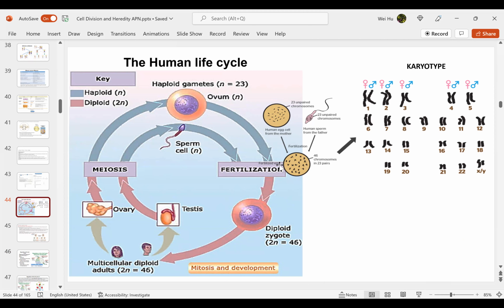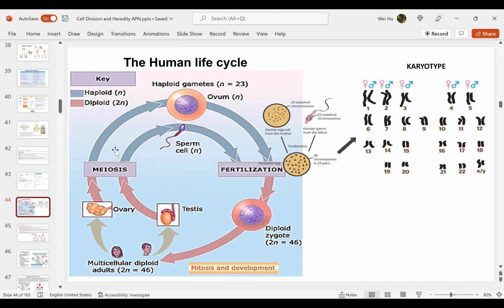So the fertilized egg. So now, since then, you start with mitosis. So this is called embryo development. Then when you mature enough, then you can make in your sperm or egg, okay?